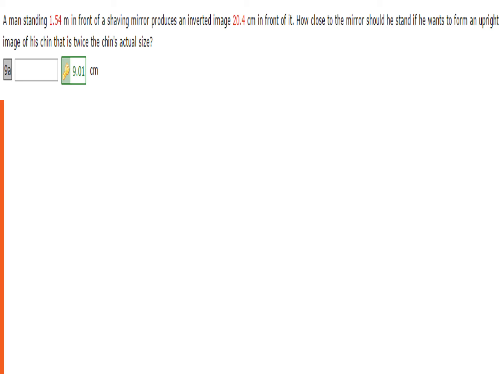So for the first sentence, we are given 1.54, and this one here is our DO. So this is the distance of the man from the mirror. So that is 1.54. And it produces an inverted image that is 20.4 centimeters in front of it. So this is our DI, that is 20.4 centimeters.